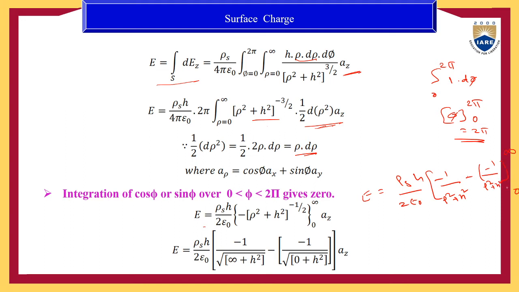So if you substitute infinity in the rho place, then E is equal to rho s h by 2 epsilon naught into minus 1 by root of infinity plus h square, minus. Then we need to substitute the 0 value. So after substitution, we have E is equal to rho s h by 2 epsilon naught into minus 1 by root of infinity plus h square minus 1 by root of 0 plus h square into az.